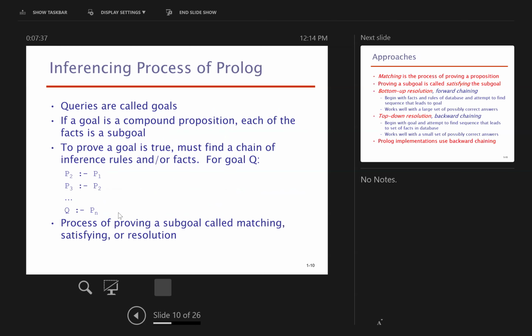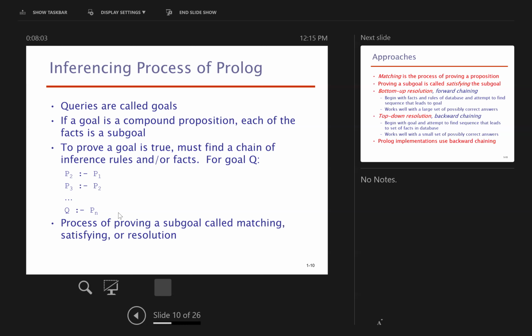And another example given here, to prove a goal is true, we must find a chain of inference rules or facts to follow. Here we say the goal is Q. So for example, if P2, then P1, then P3, then P2, then we may have as many rules all the way to, let's say, Q, then Pn.